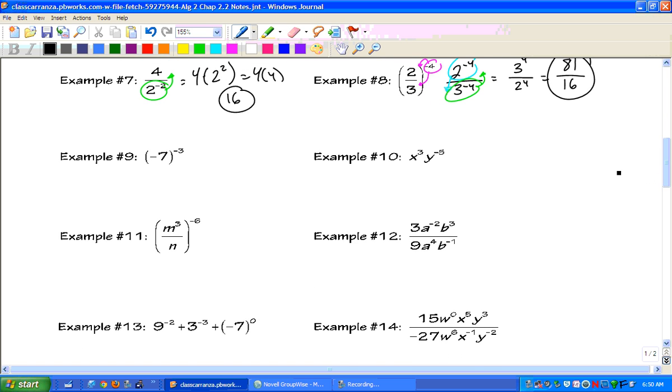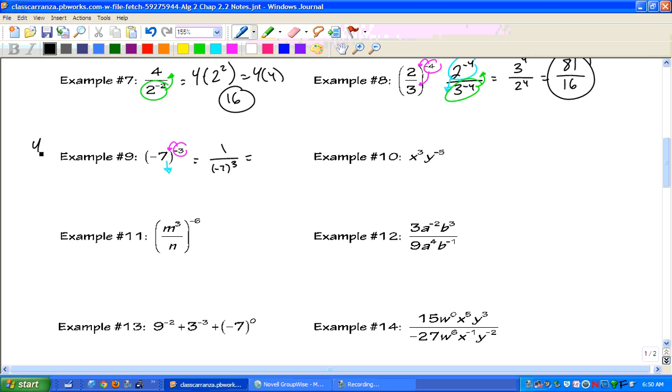All right. First thing we're going to do is distribute. And that gives us negative 7 to the third. It's going to be negative, so we're going to bring it down to the bottom. So negative 7 to the third power over 1.